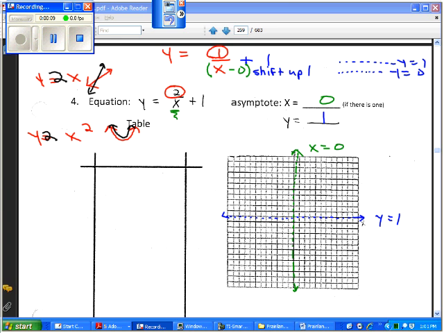What's going to actually happen on a y equals 1 over x? If you have these little curves in here, if you make that a 2 over x, it's going to pull away from the origin. The little curve is going to be further from the origin than it used to be.